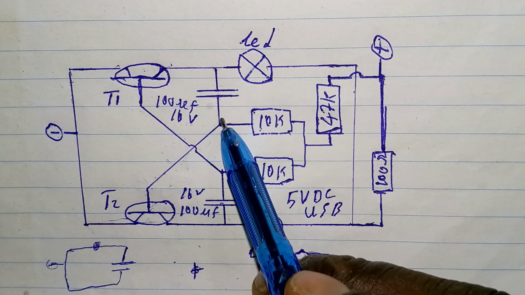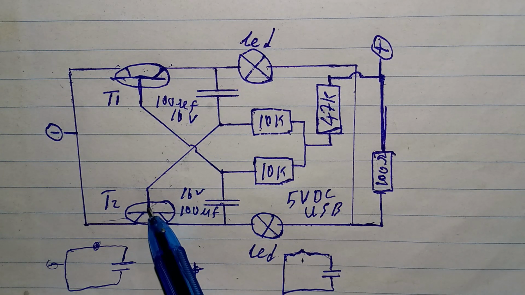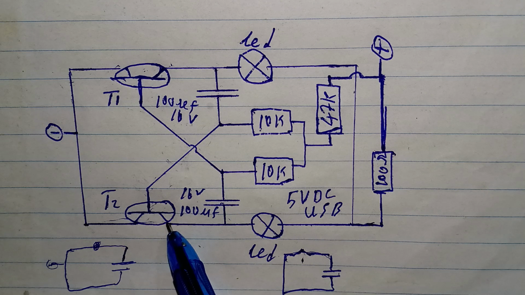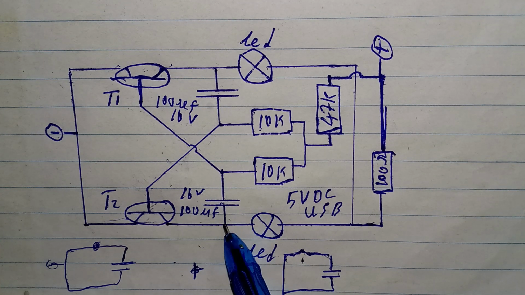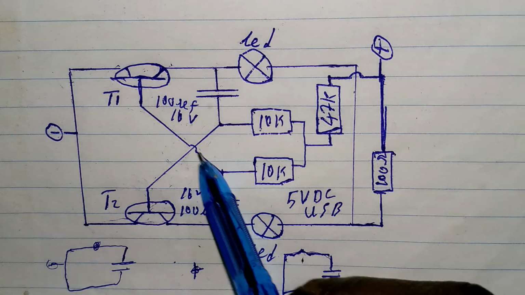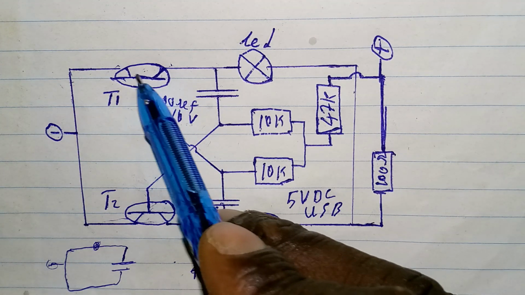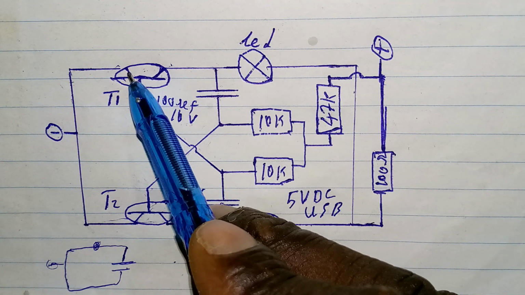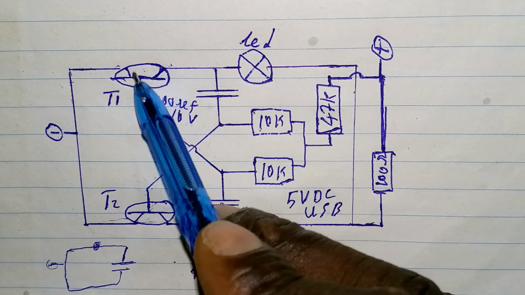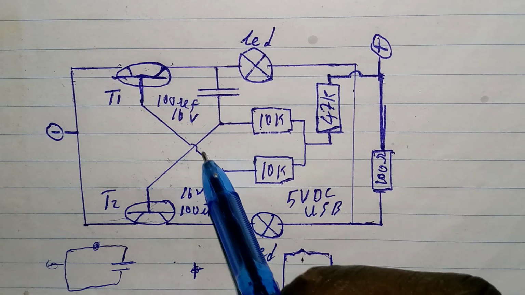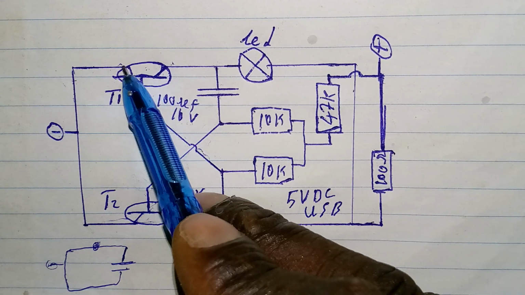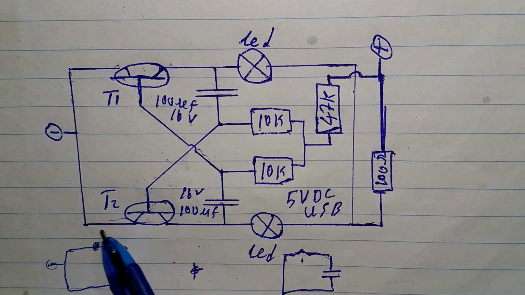As this one is passing the voltage to this base, remember that this capacitor terminal coming this way is already connected to the emitter of the transistor, to the ground. So this is the path, coming this way.